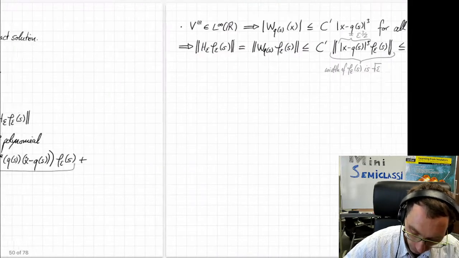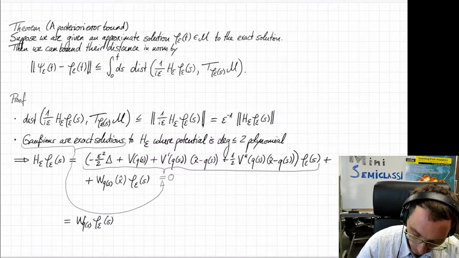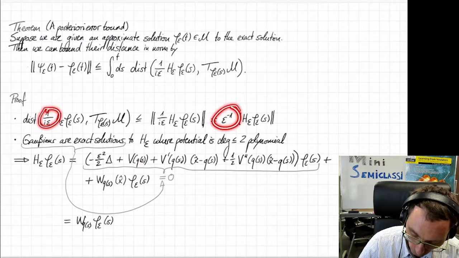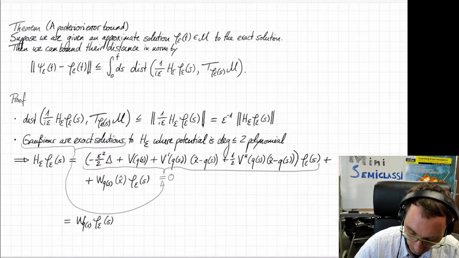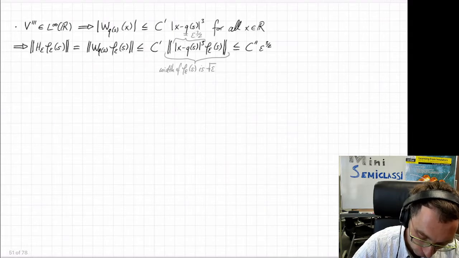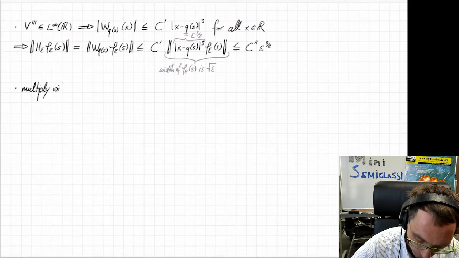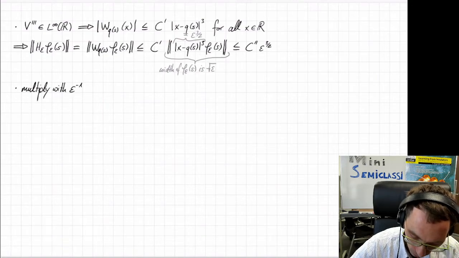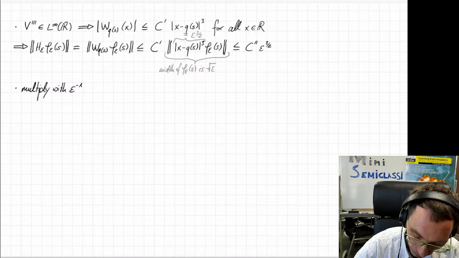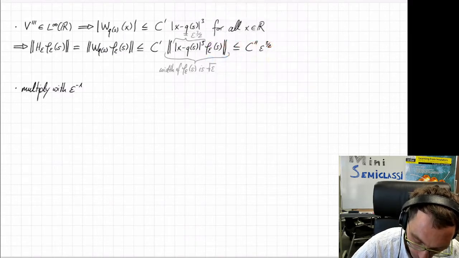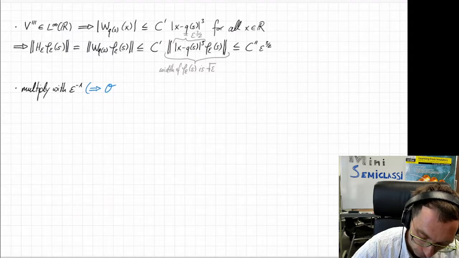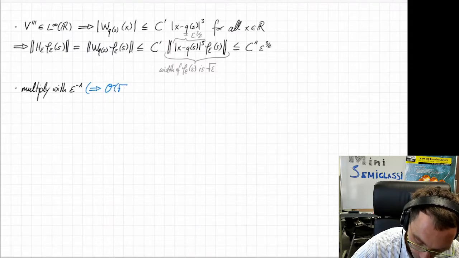And if you remember, this distance came with a prefactor of epsilon inverse. So all we have to do now is multiply with epsilon inverse, which gives us, so 3/2 minus 1 is square root of epsilon.